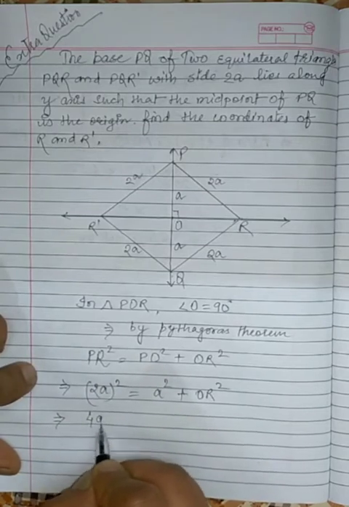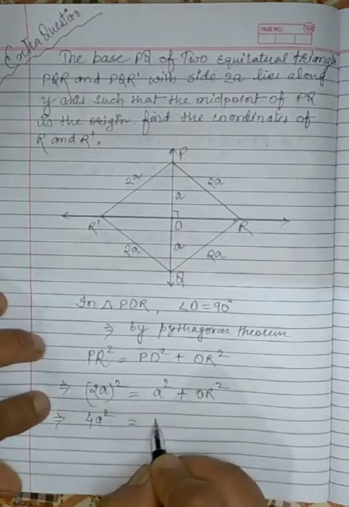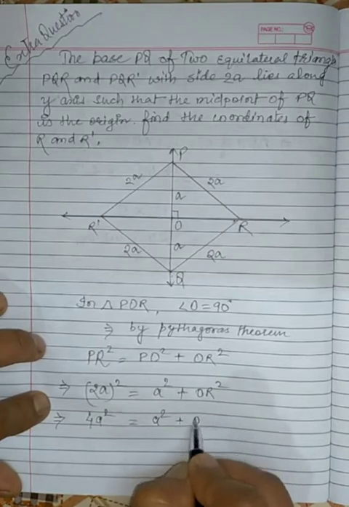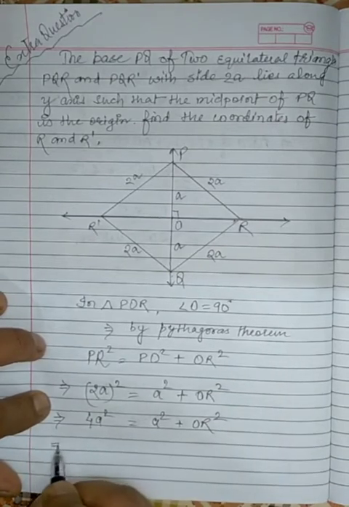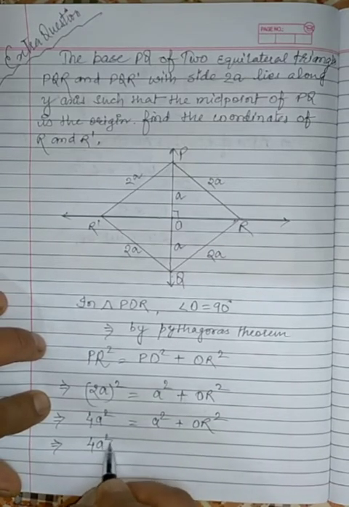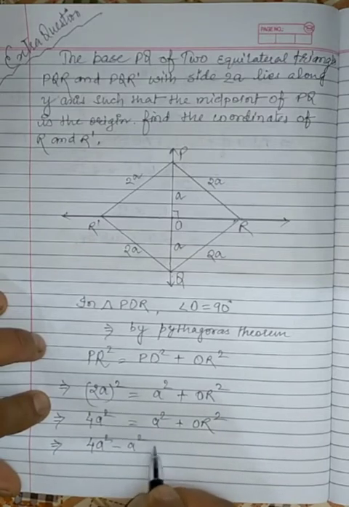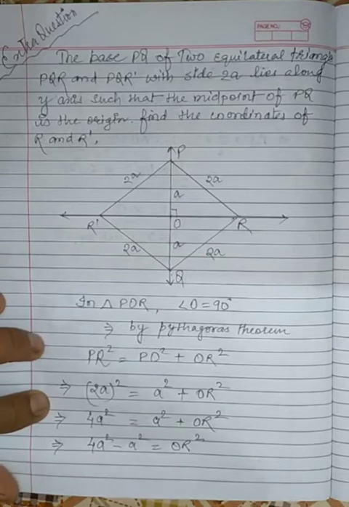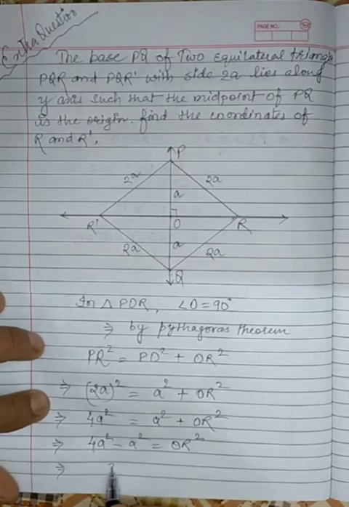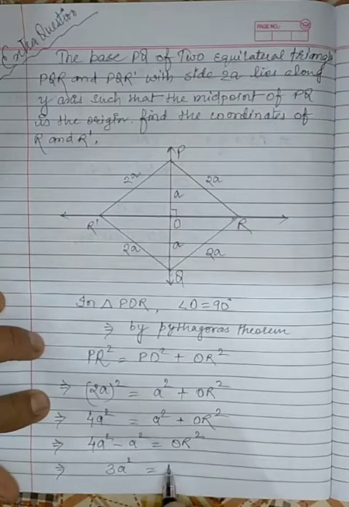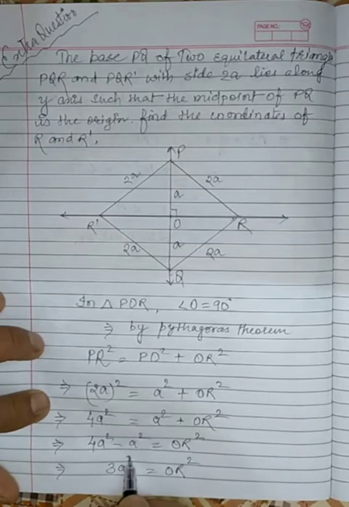So 4A square is equal to A square plus OR square. That implies 4A square minus A square is equal to OR square. This implies that 3A square is equal to OR square.